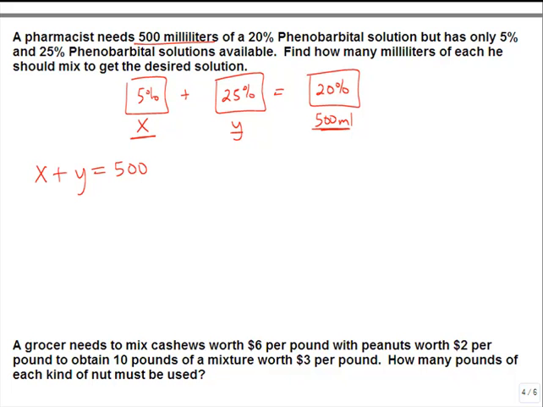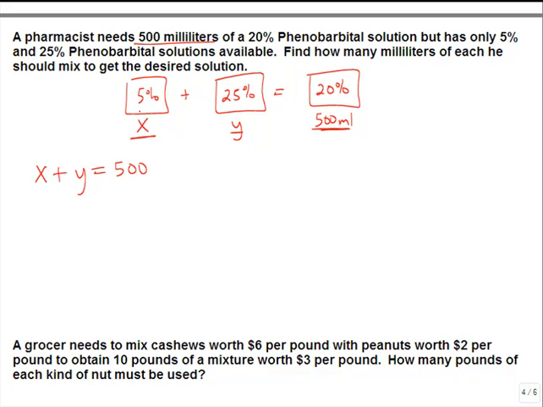So here's how I get my second equation, and that's by using my percentages or my concentrations. We know that rate times amount plus rate times amount has to equal rate times amount. And when you use these rates, you want to use them as decimals. So 5% would be 0.05.